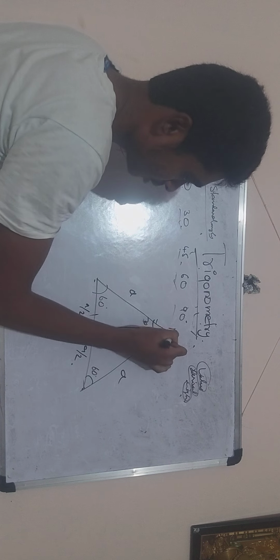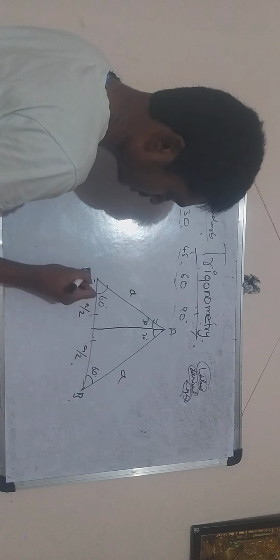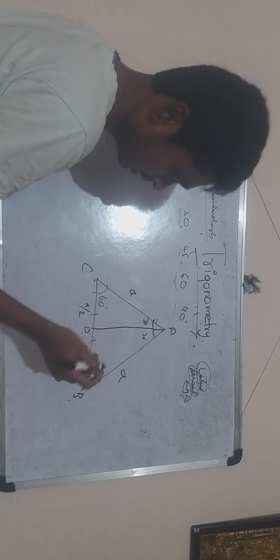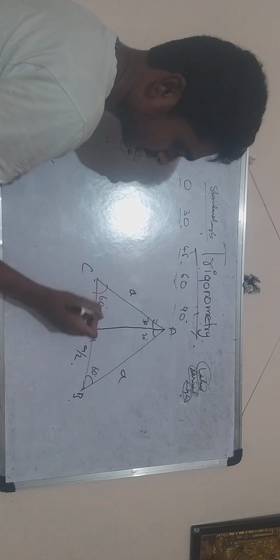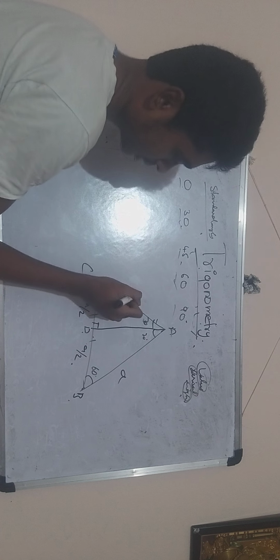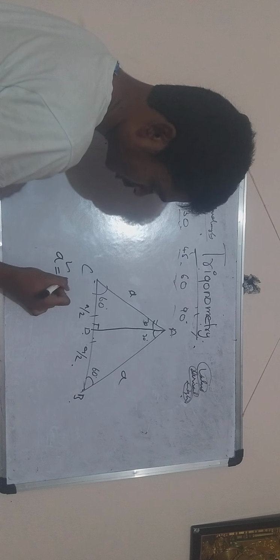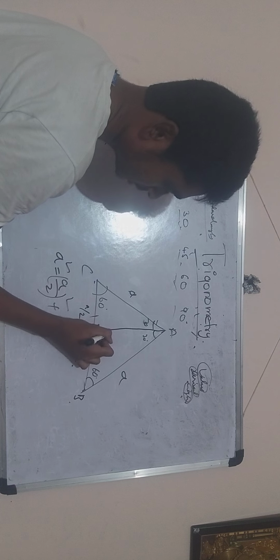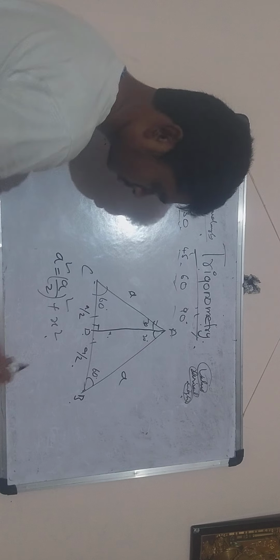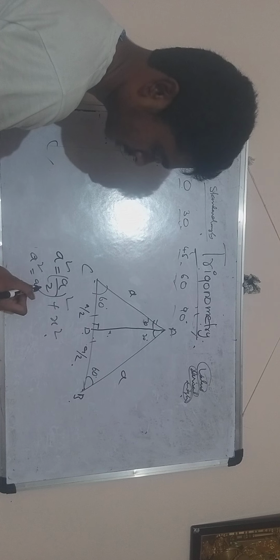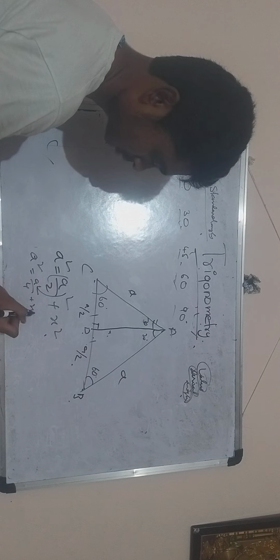I am going to name the vertices A, B, C and D. Let us measure the length of AD. As it's 90 degrees and A is the hypotenuse, A square equals A by 2 whole square plus, let me name it, x square. So A square equals A square by 4 plus x square.